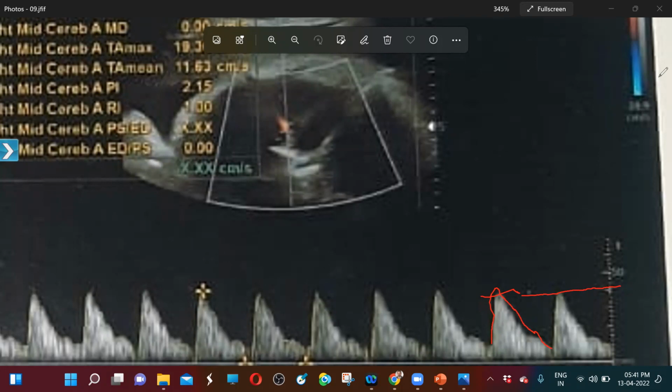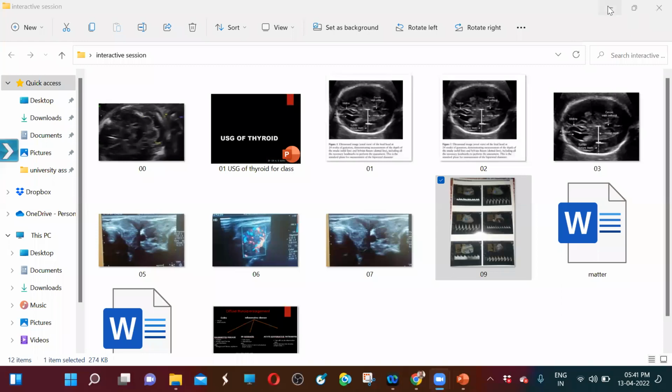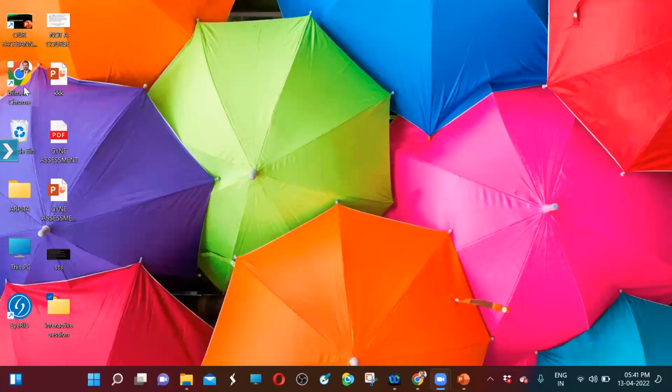So let me close all this and come to the last question, which is very, very lengthy. Is the scar thickness? Before scar thickness, I had another thing. What was that?